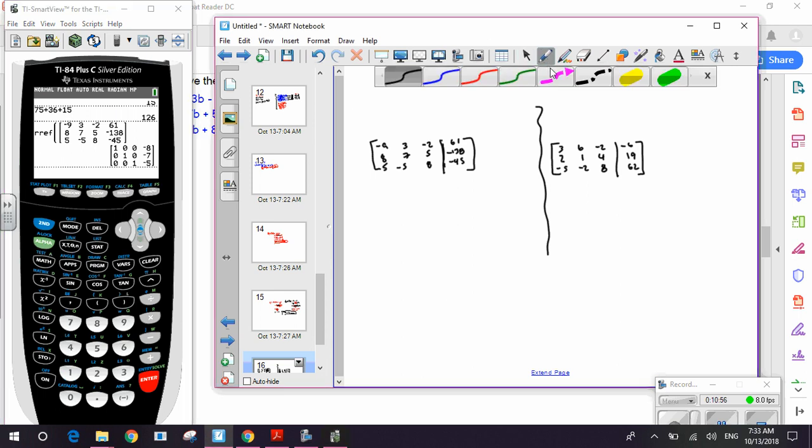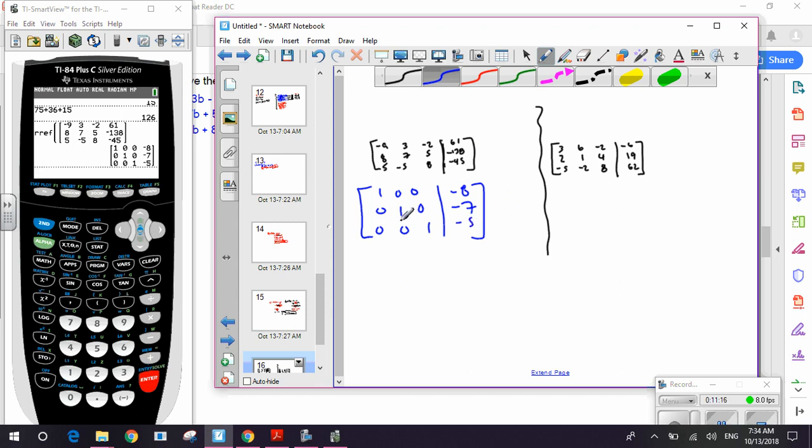So the output reads 1, 0, 0, -8, 0, 1, 0, -7, 0, 0, 1, -5.